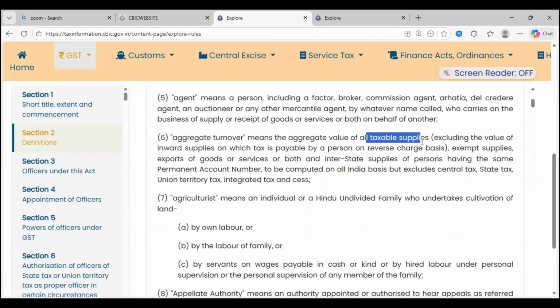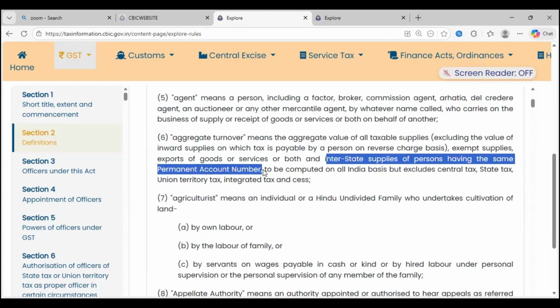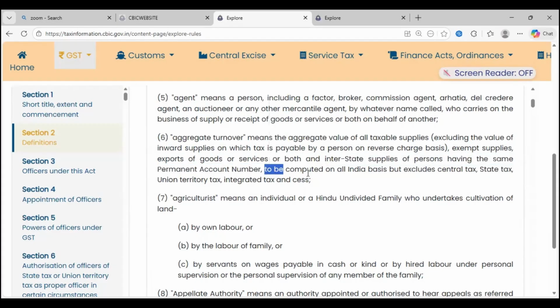So one is taxable supply. Second, exempt supply. Exempt supply again has a definition, I'll come to that also. Then exports, export of goods or services. So taxable they say, exempt they say, exports they say. Or interstate supplies of persons having the same PAN, like stock transfer. If at all there is a stock transfer, that needs to be included. To be computed on an all India basis, but excludes CGST, SGST, excludes tax. That is what they say.